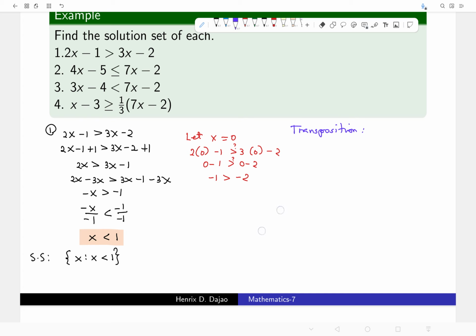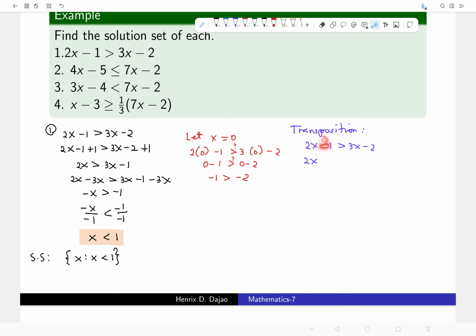So 2x minus 1 is greater than 3x minus 2. So transposition still works here. Instead of adding 1 to both sides or subtracting 1 from both sides, use the transposition. If you're going to transfer this to the other side of the inequality, the sign will change.